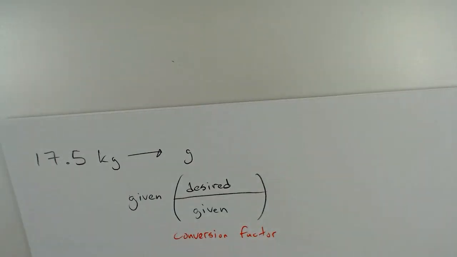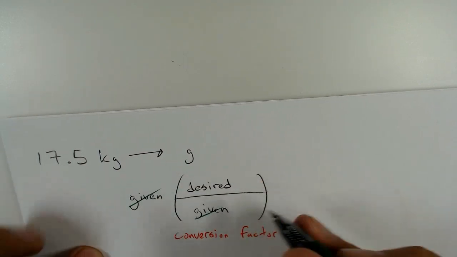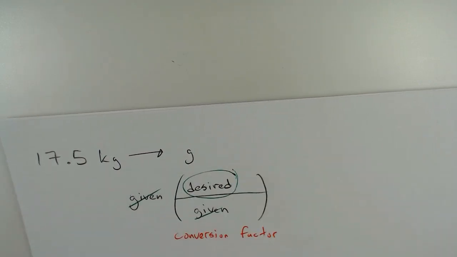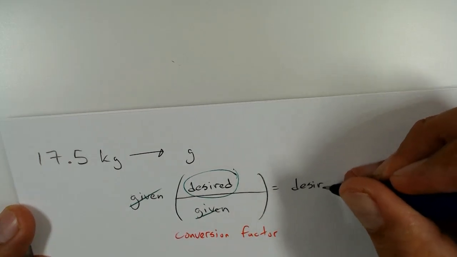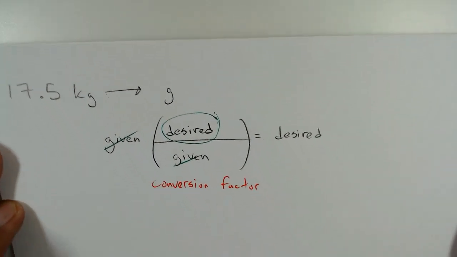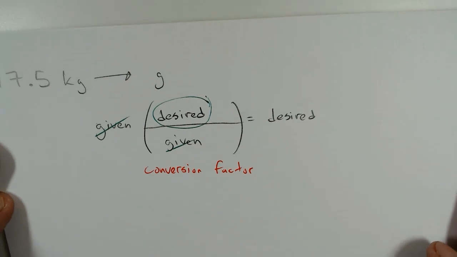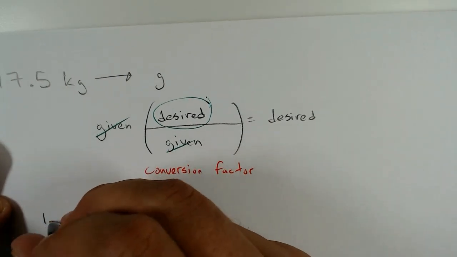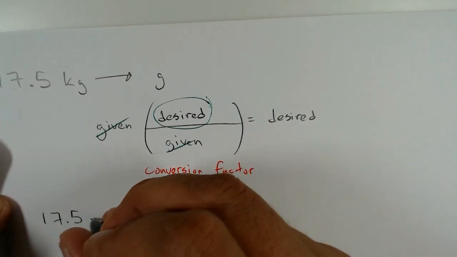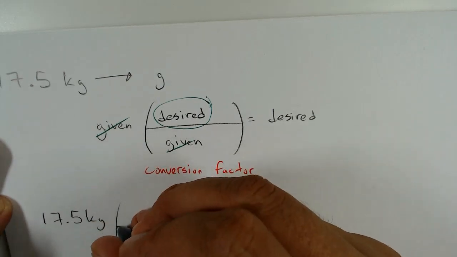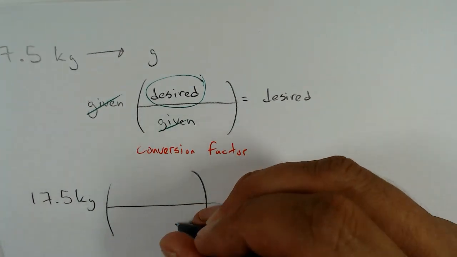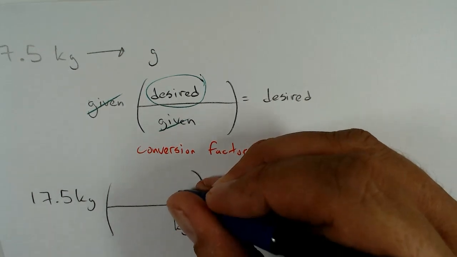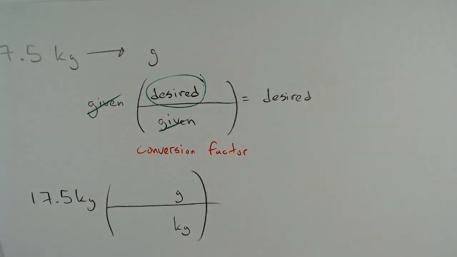That way, when you multiply this out, the given units cancel and leave us with the desired. All right, so with that in mind, we can go ahead and take the original problem, the 17.5 kg. The conversion factor that I need here is I want kilograms to cancel and give me grams at the end.